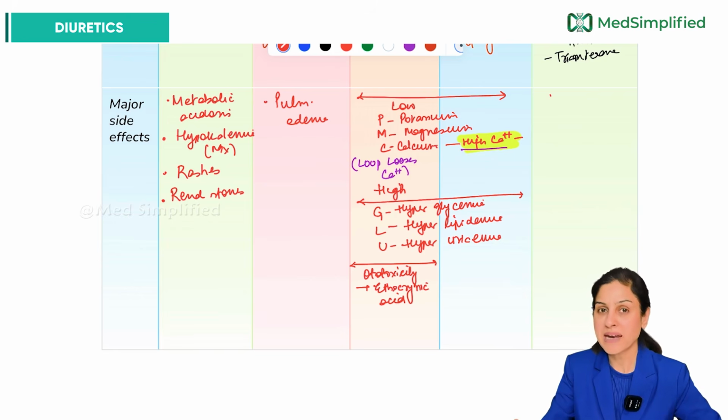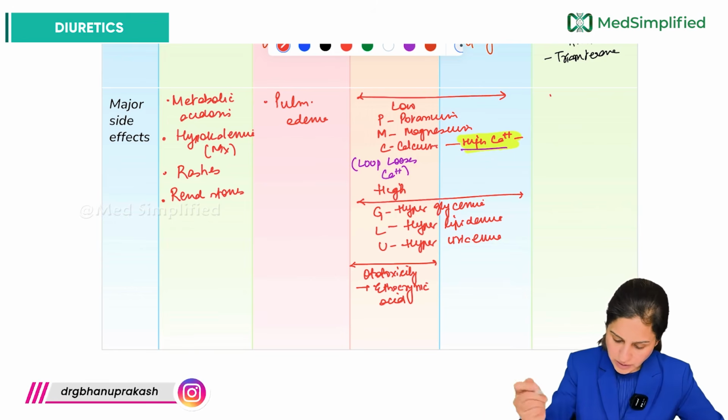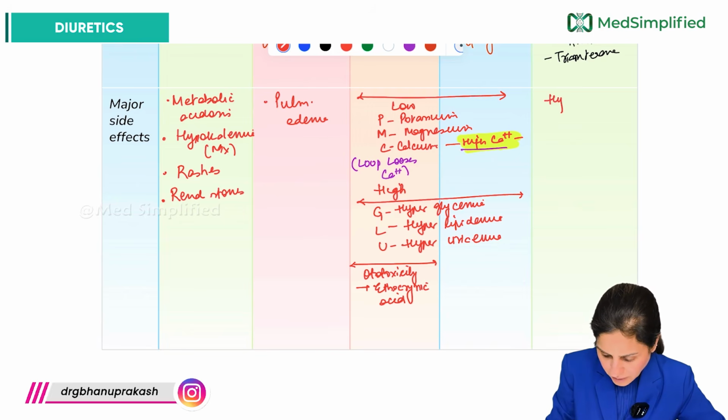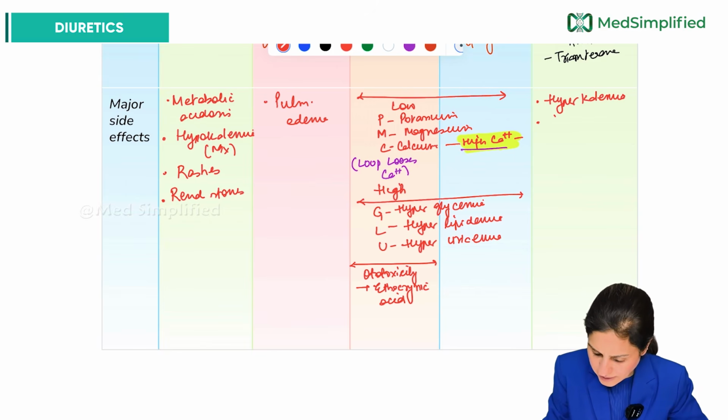Obviously they're sparing potassium or keeping potassium inside the body. What will they do? They will lead to hyperkalemia. So their drawback is hyperkalemia. Spironolactone has an additional drawback.